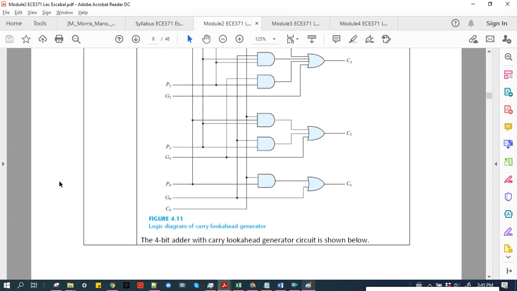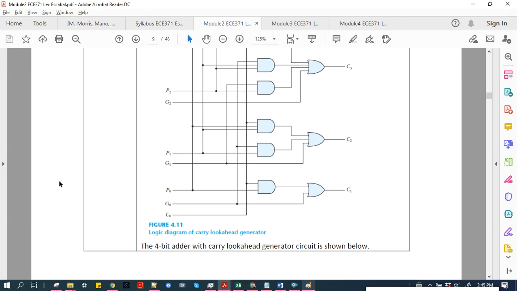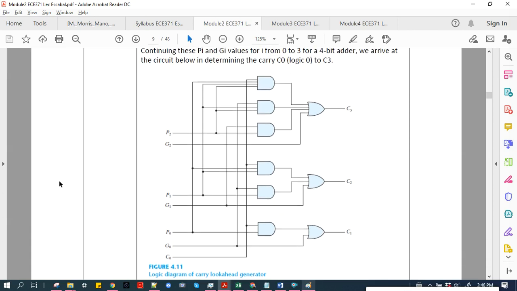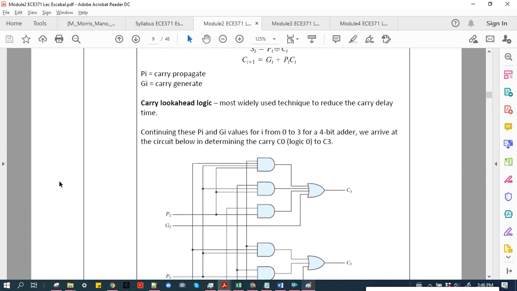So there is a trade-off between area and power versus the speed of our digital logic circuit.